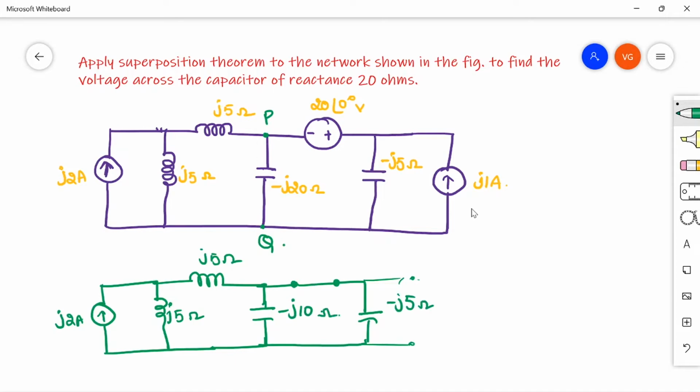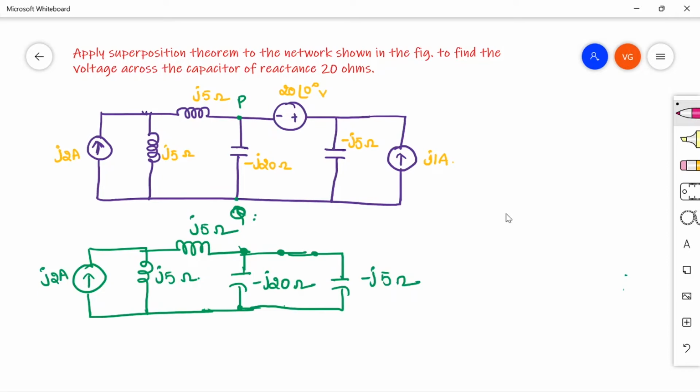Now we have to find out the current that is flowing through j20. This one is j20. Yeah, we have to find out the current that is flowing through this minus j20 because of this j2 ampere. Now if you see these two capacitors, that is minus j10 and minus j5, are in parallel. So total will be minus j20 into minus j5 divided by minus j20 minus j5.